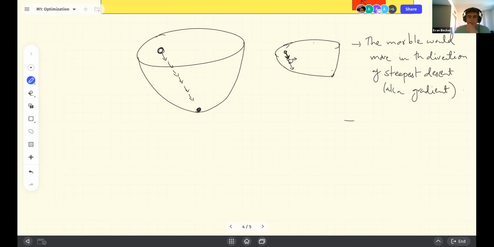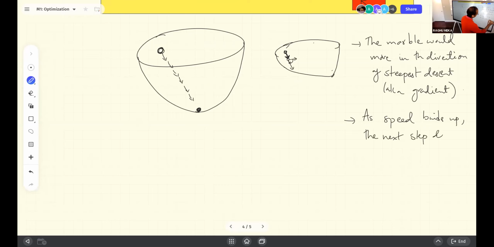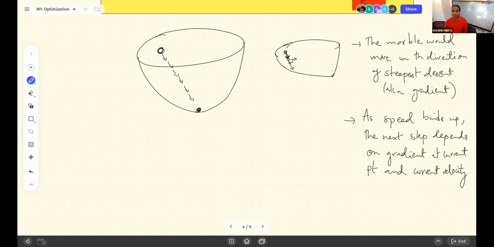So as speed builds up, the next step depends on the gradient at the current point and the current velocity, right? It depends both on the current velocity and the current gradient.